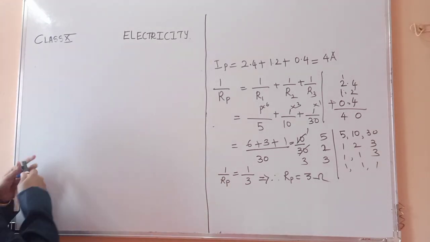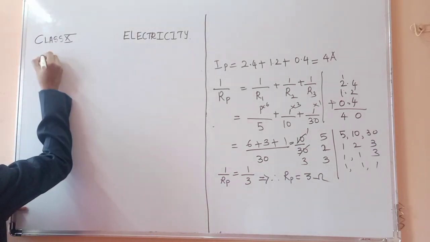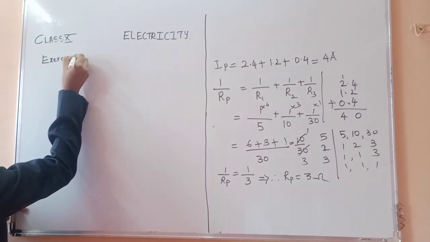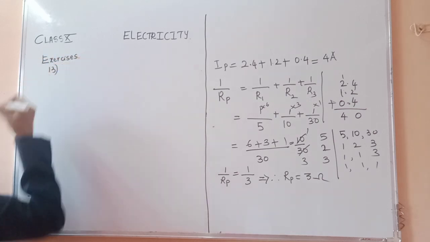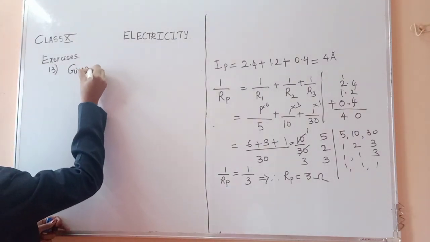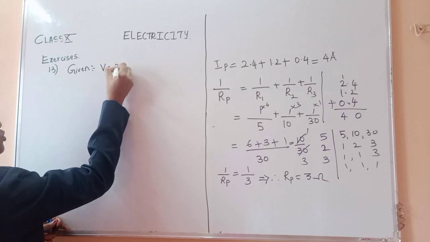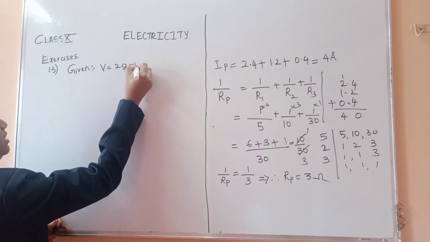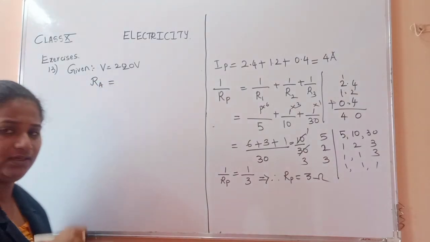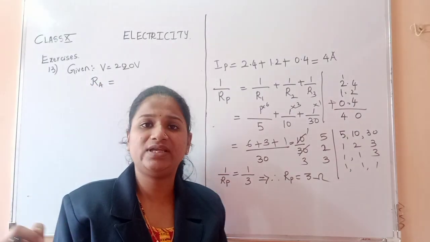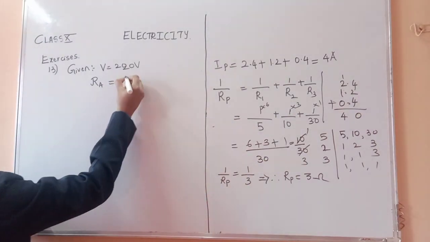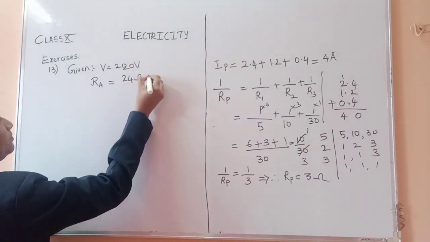So let us write the given. What is the question? It is from the exercises, the 13th question, guys. Given is nothing but the voltage. V is equal to 220 volt. Then RA, resistance of A. They named the coil as A, right? That is why we will name it as RA, is equal to 24 ohm.